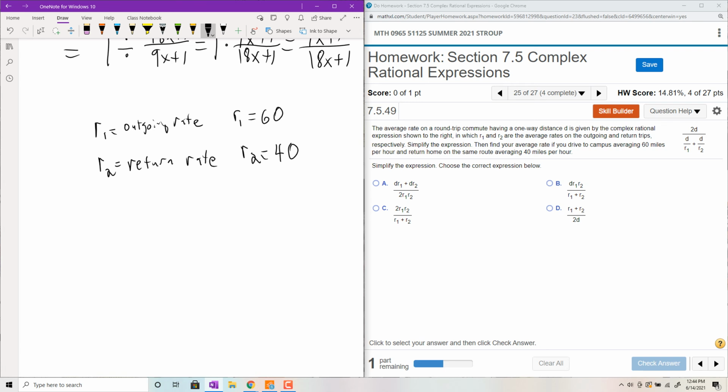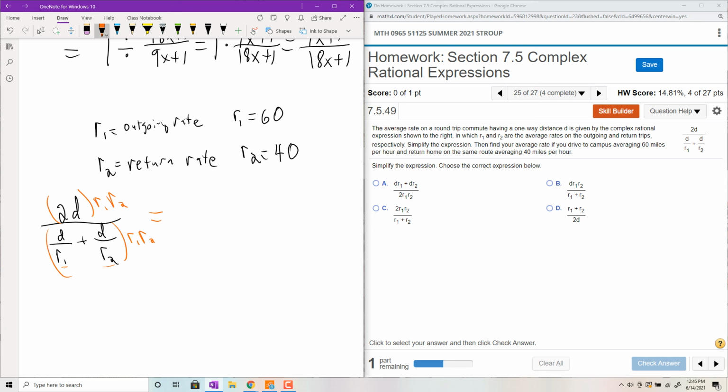Okay, so first we need to simplify this thing. Okay, so we have d over R1 plus d over R2. Let me use the second method. So I'm going to multiply top and bottom by, well, I need an R1 to get rid of this R1, and then I need an R2 for that R2.